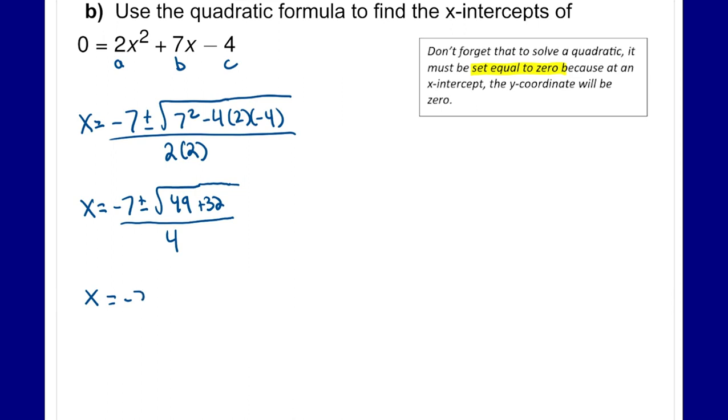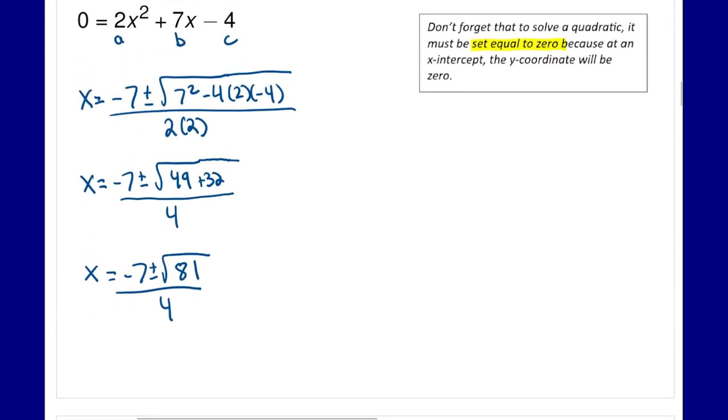Take this a step further now. X is equal to negative 7 plus or minus the square root of 81, divided by 4. And now I'm going to split my quadratic into two parts.